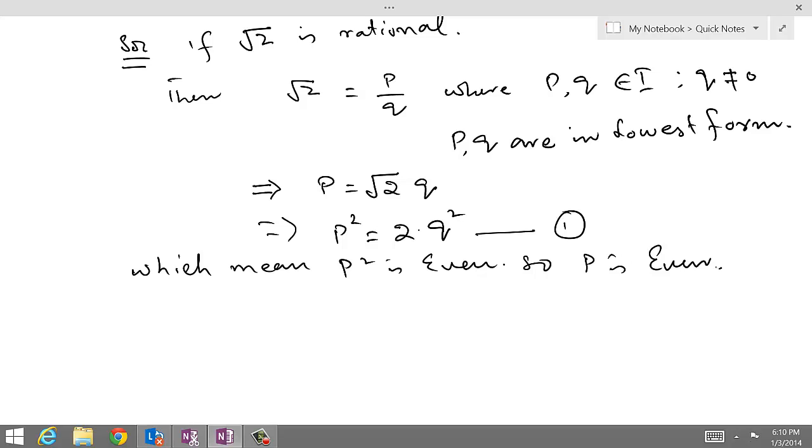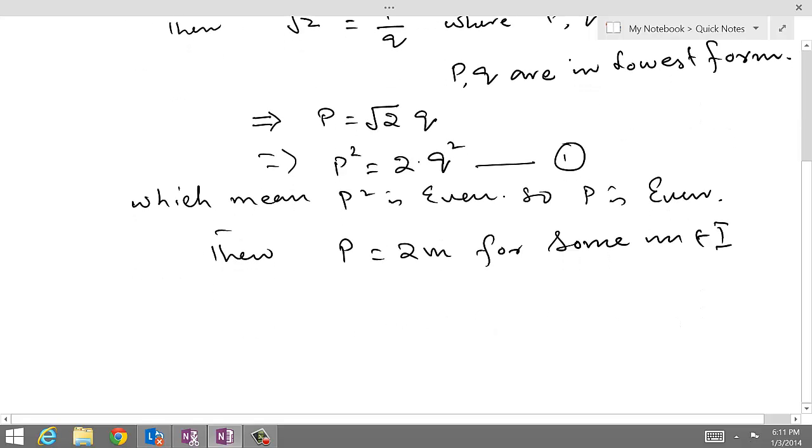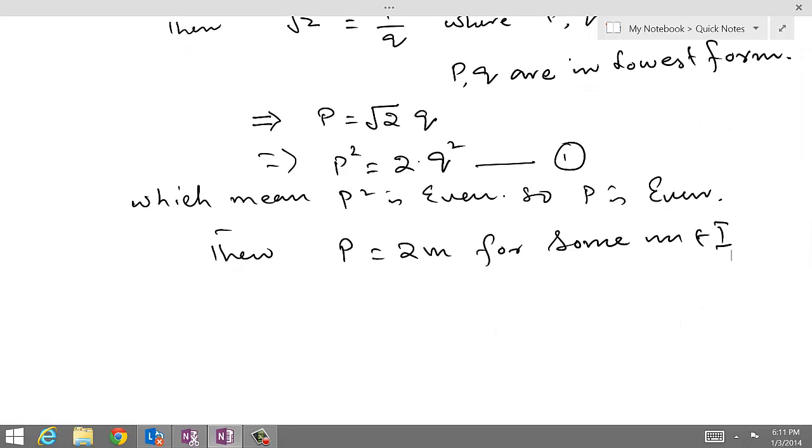Similarly, 64 is a complete square and even, and its square root 8 is also even. So if p is even, then p is equal to 2m for some m belonging to I, because a number could only be called even if it's a multiple of 2.